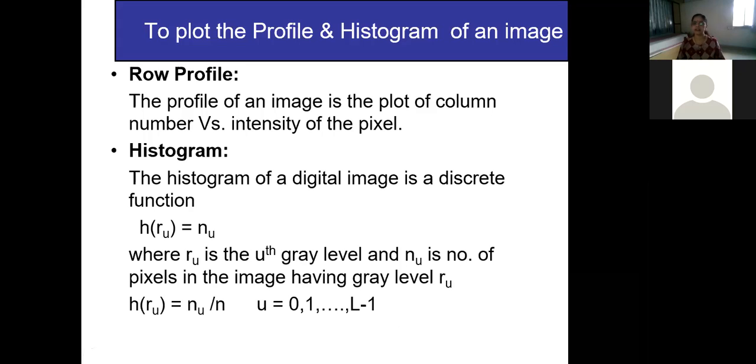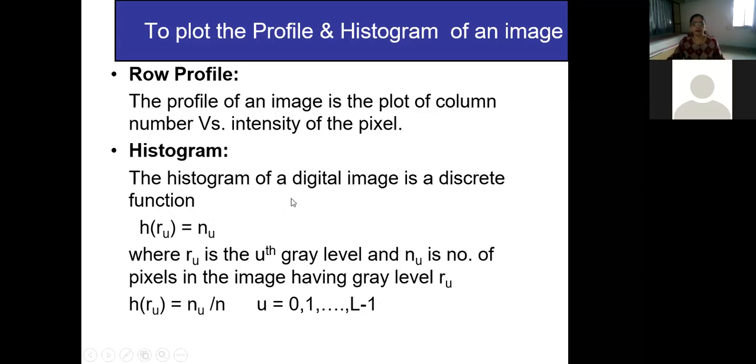If we consider 8 bits per pixel, 2 raised to 8 gives you 256, and the gray level of a pixel can range from 0 to 255, that is L minus 1, 256 minus 1, that is 255. So the histogram basically gives you how many pixels belong to every intensity level or gray level in the given image.